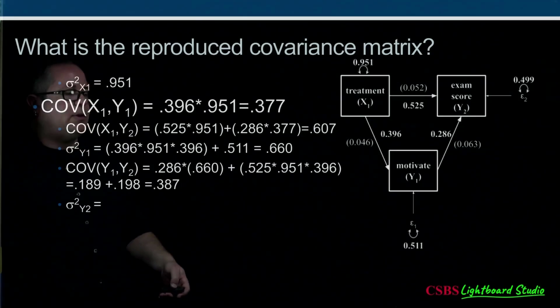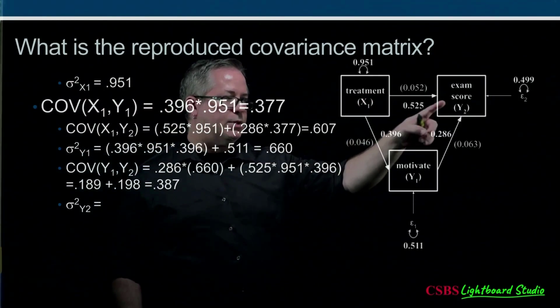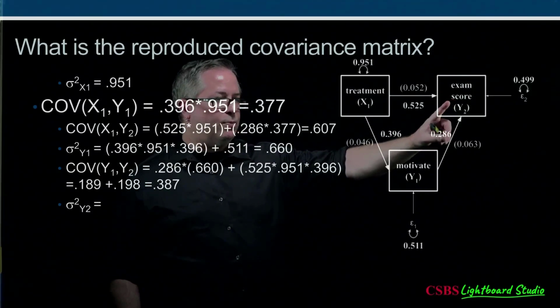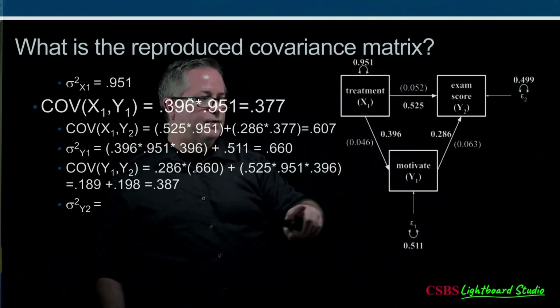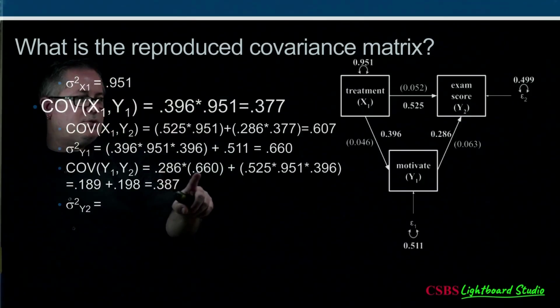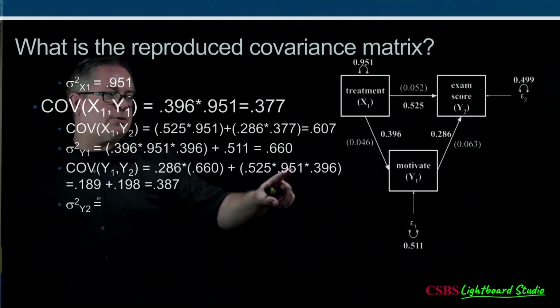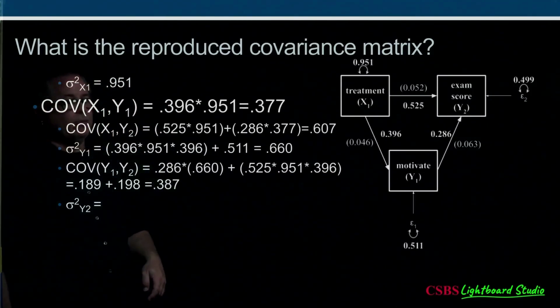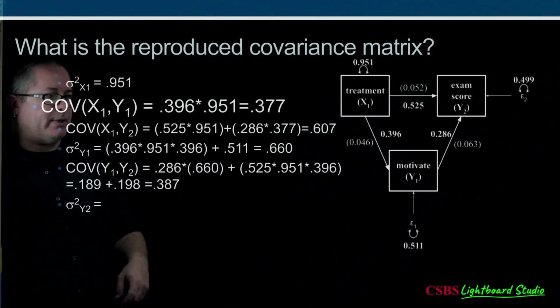And then we have another part that is because of the spurious prediction of x1 to both y1 and y2, we can trace from y2 back to x1, forward to y1, and multiply along the way, which is that 0.525, 0.951, 0.396. So this part is due to the direct connection. This part is due to the spurious prediction of x1 to both variables. We add them together, and that gives us the total covariance between y1 and y2.